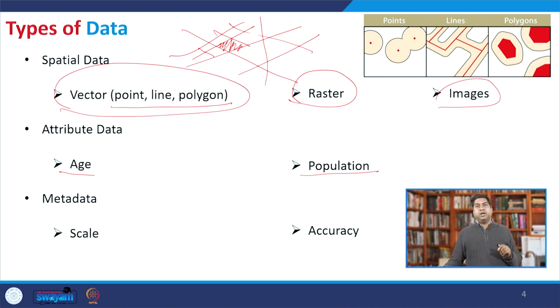Now I give you another example. Say the exercise is to mark all the roads in a city. In a city you will have different types of roads. Somewhere it is 4 lane, somewhere it is 2 lane, somewhere it has a footpath, somewhere it does not have a footpath. So there are different varieties, right?